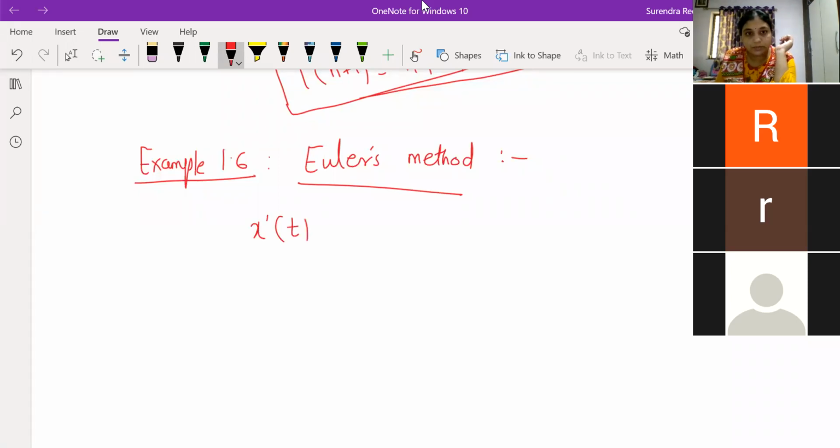What is an initial value problem? x dash of t is equal to f of t, x of t, and x at 0 is equal to x0. So Euler's method is used to find the numerical solution of this initial value problem. Does everybody know initial value problem, boundary value problem?